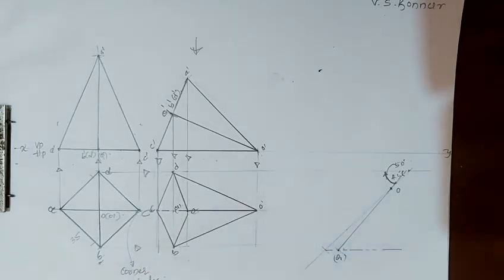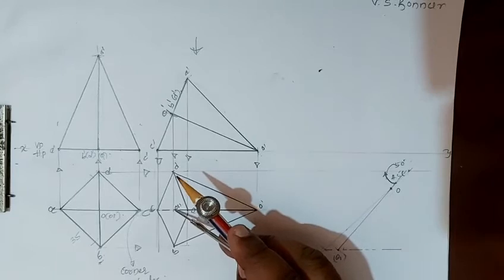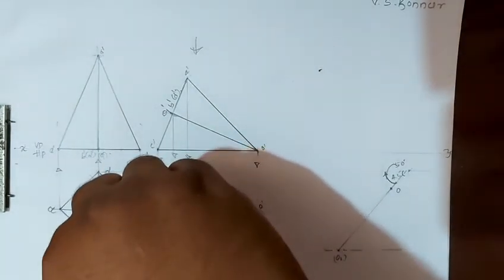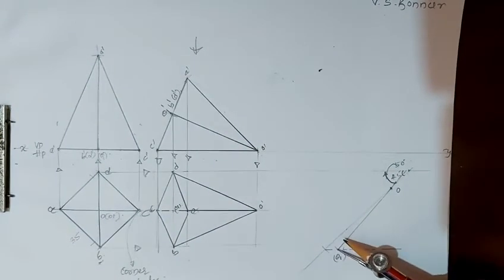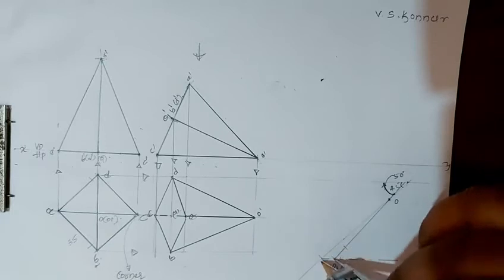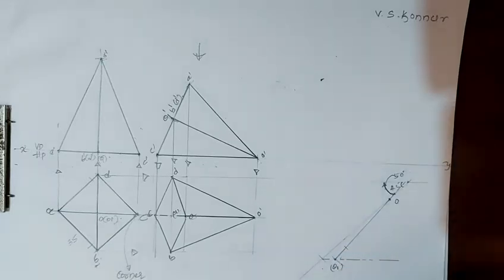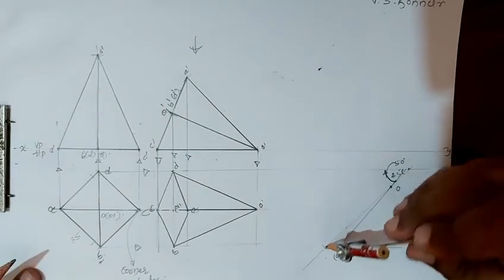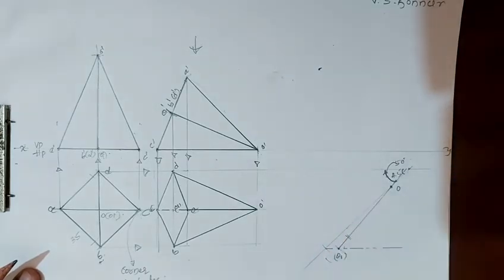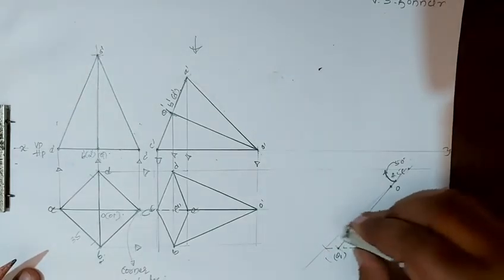We know O and O1. By knowing 2 points we can construct anything. First we'll take this distance OC. So on either side we'll draw an arc. On either side we'll take and draw an arc. So it has changed.